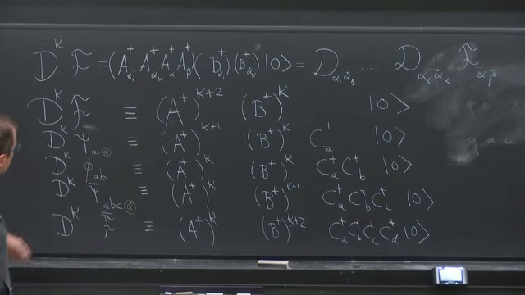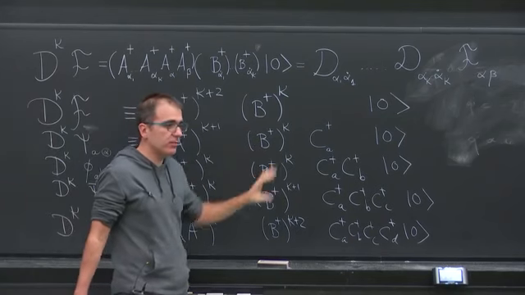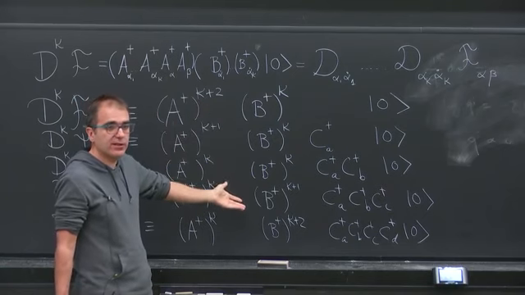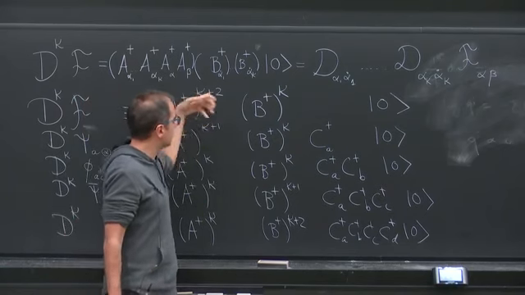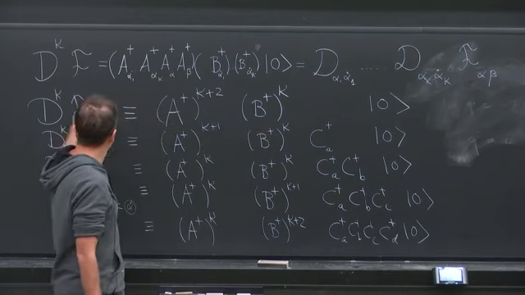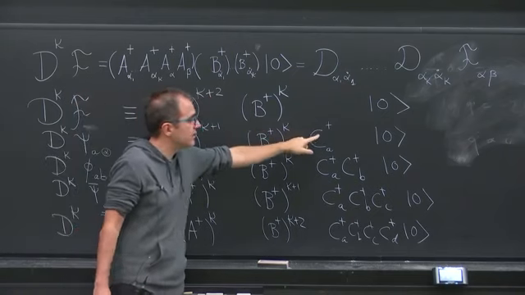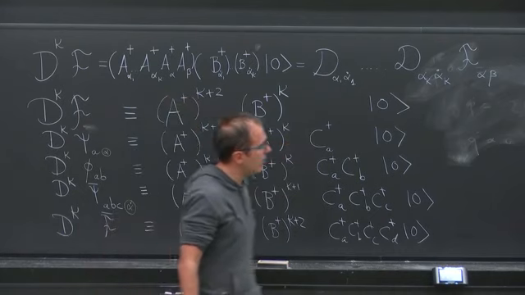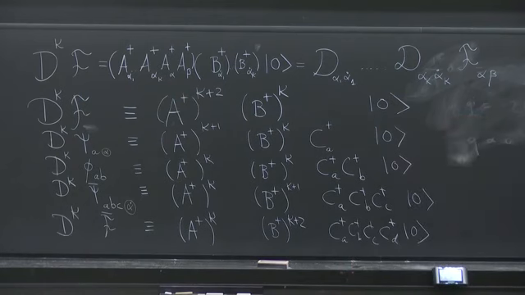Okay, so now you see how nice it is that each field is just a vacuum acted on by some creation operators. So how do I transform a field from one field to another field? I just remove some operators and put another type. Right? If I want to go from this guy to this guy, I just remove an A and put a C. And so I could imagine now an object Q that, say, removes an index A and puts an index alpha.